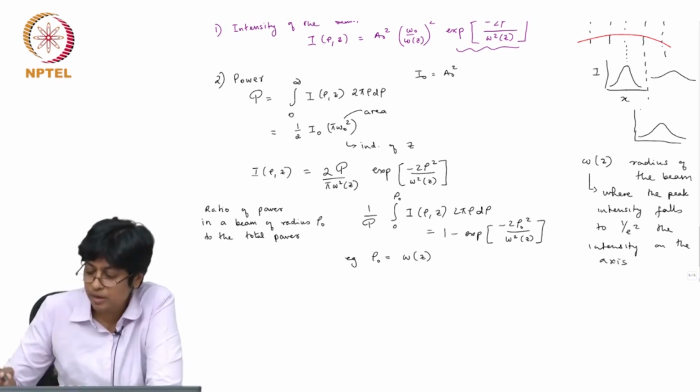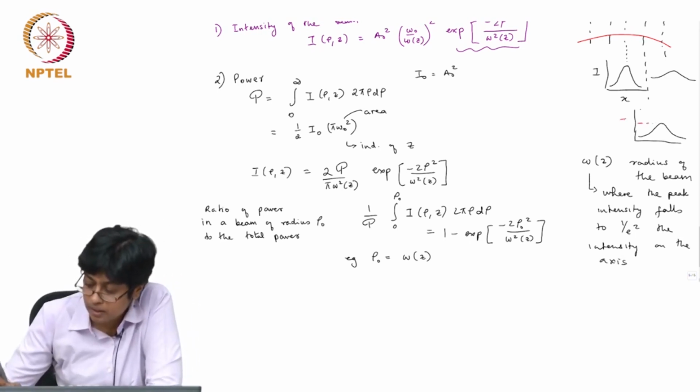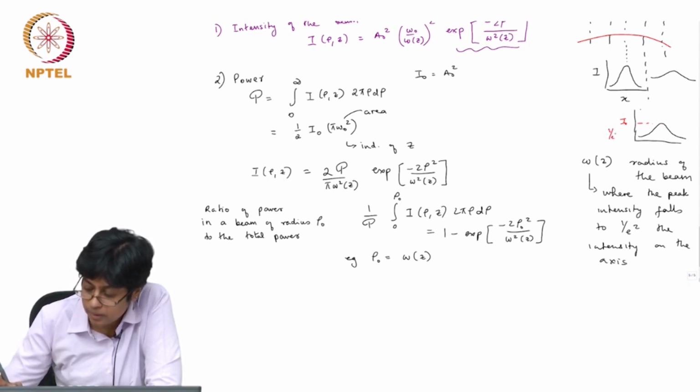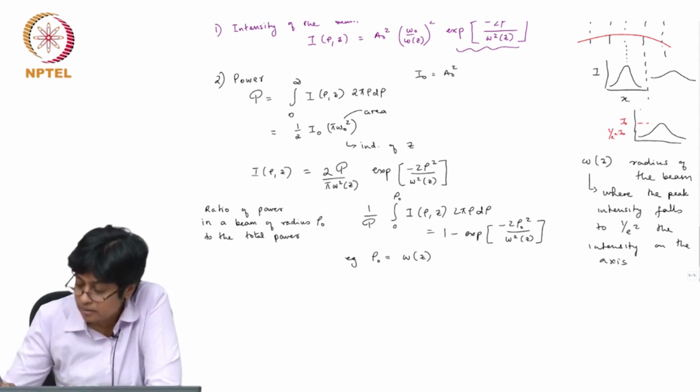So this is I naught, and I'm looking at where it has fallen to 1 by e squared of I naught. That is what I call the beam radius omega. Well, this is 2 omega of z.